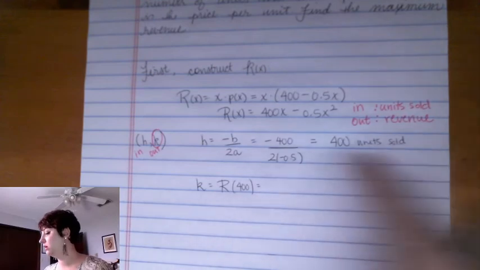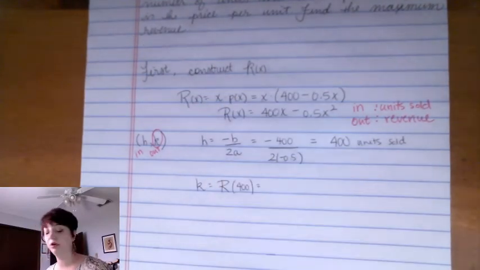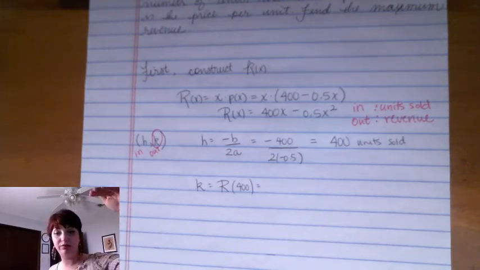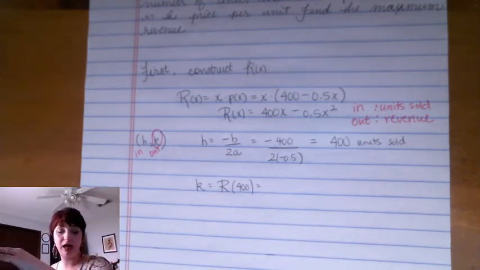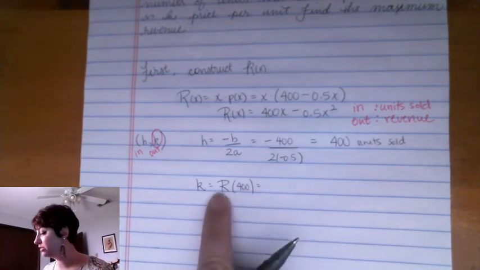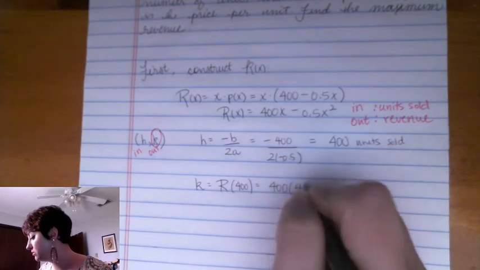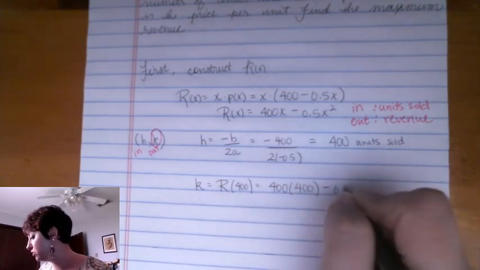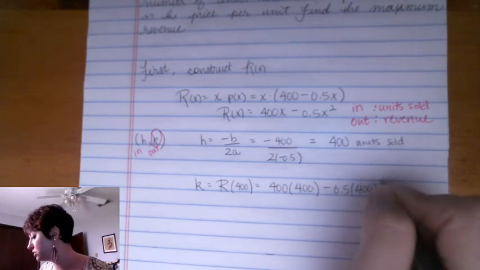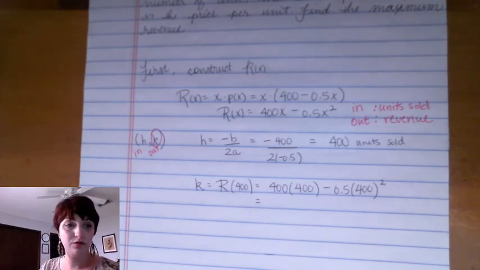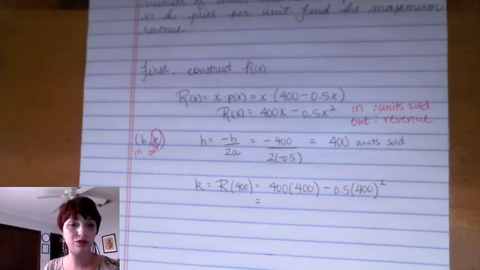So what's my revenue of 400? This R is a machine that takes in number of units and then calculates how much revenue you get. So how much revenue do I get with 400 units sold? That's 400 times 400 minus 0.5 times 400 squared. So that's definitely a calculator type of thing. So 400 times 400 minus 0.5 times 400 squared.